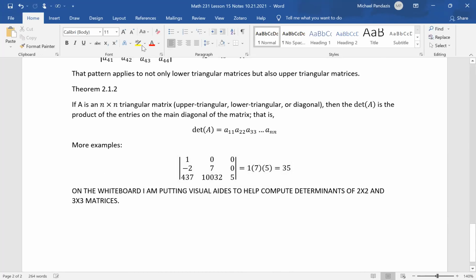So let's do that. These are patterns for finding determinants of 2 by 2 and 3 by 3 matrices.